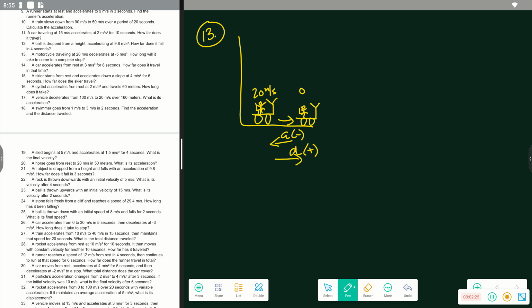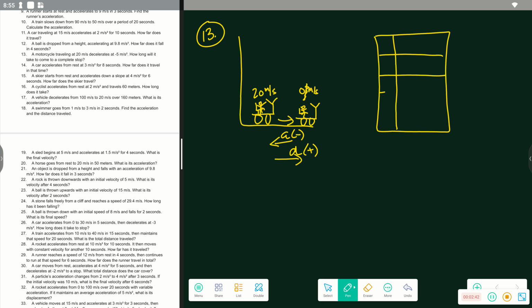So we know that the initial velocity is 20 meters per second. We know that the final velocity, because it's coming to a complete stop, is going to be 0 meters per second. All right, so now we can make our chart to determine the time it takes for it to stop.